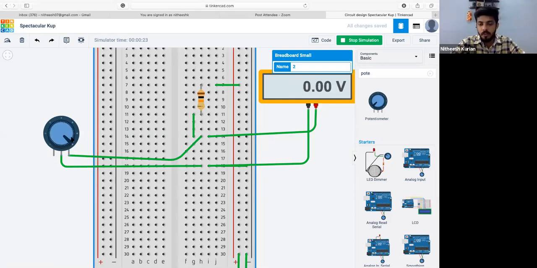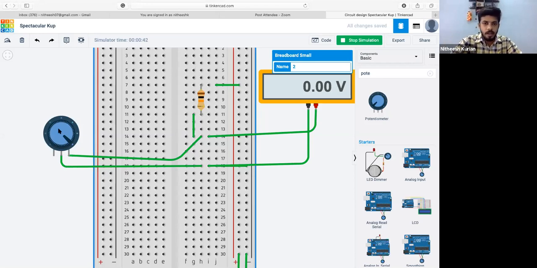With a configuration like this, we can also take the variation in voltage. Instead of this potentiometer, if it is an LDR, the resistance will automatically vary in accordance with the light intensity falling on the device, and you will get the variation in voltage corresponding to that variation of resistance.